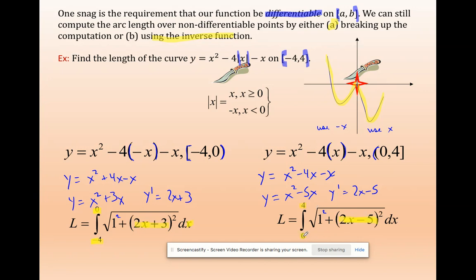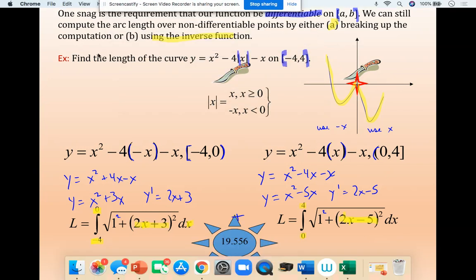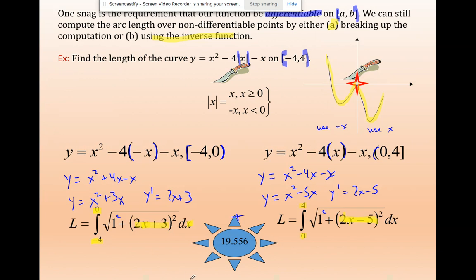I know that I have a differentiability issue at 0, but I can still put 0 into both of these derivative rules and nothing happens, right? It doesn't blow up. And what am I going to do with those two answers? And that's what I get.